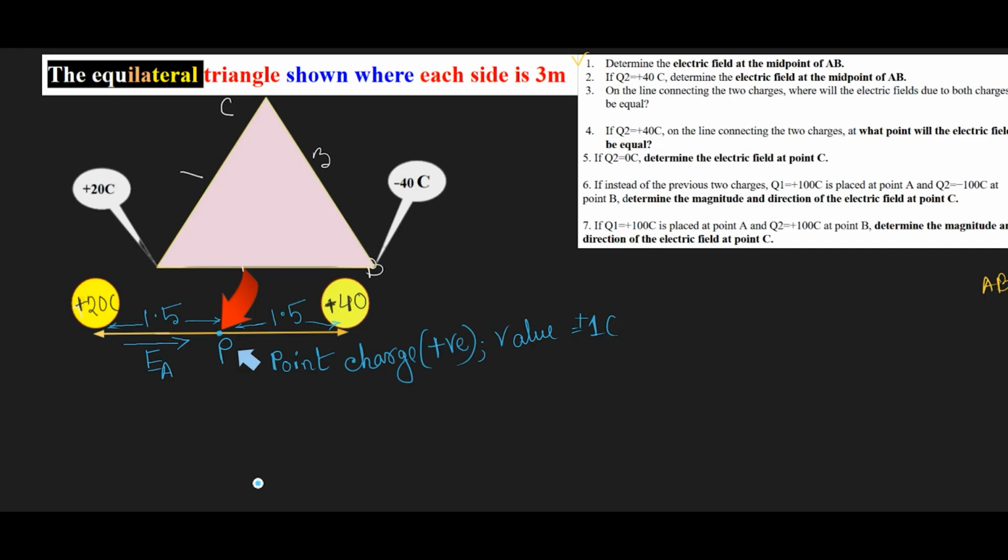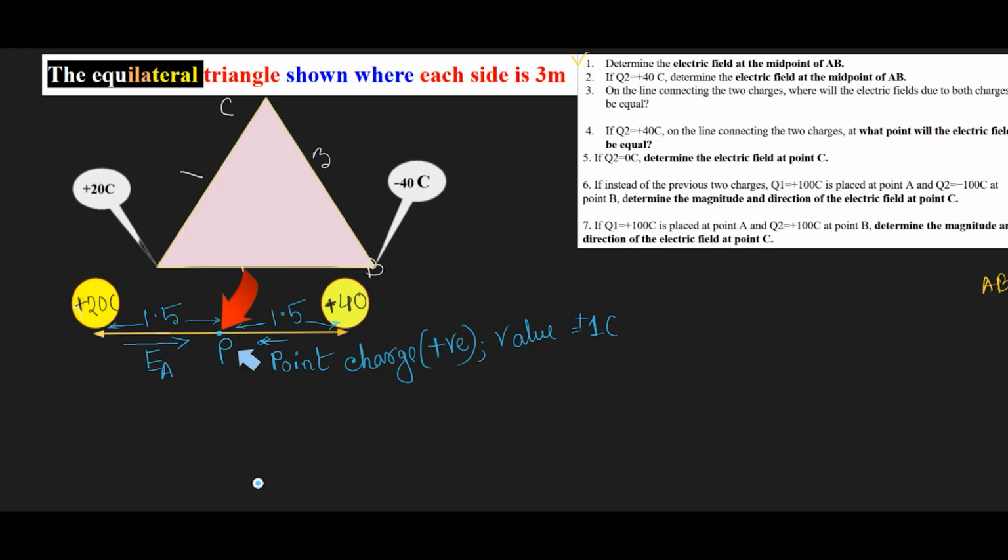And at P point, positive charge 1 and this is positive 40, it means they also repel each other. It means this will go in this direction. It means they are opposite to each other, right?